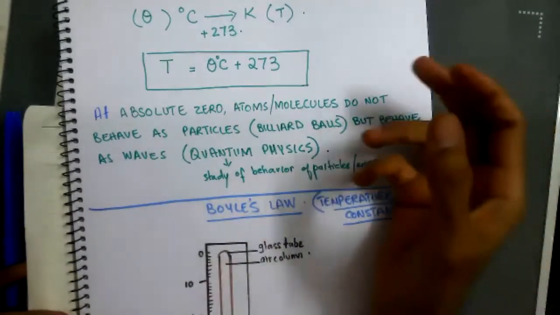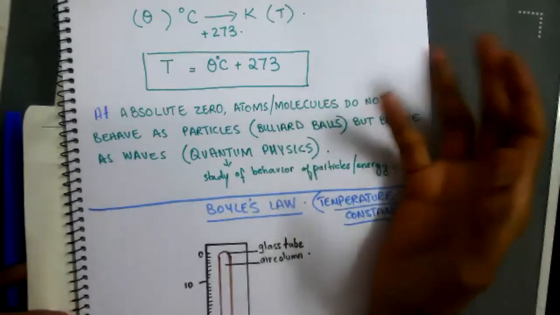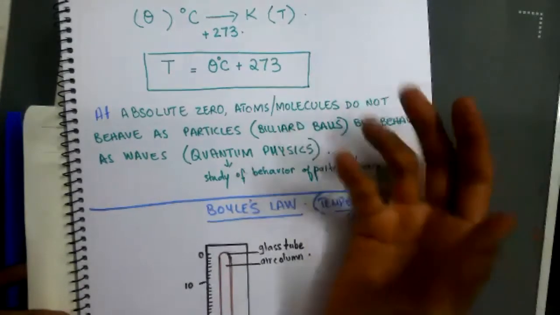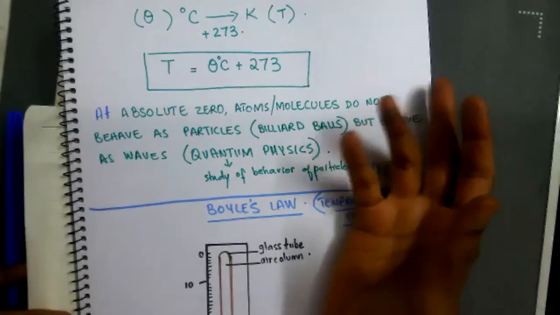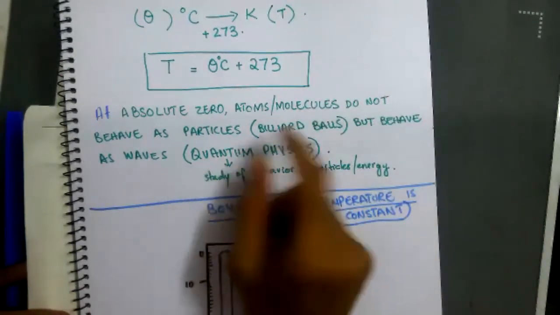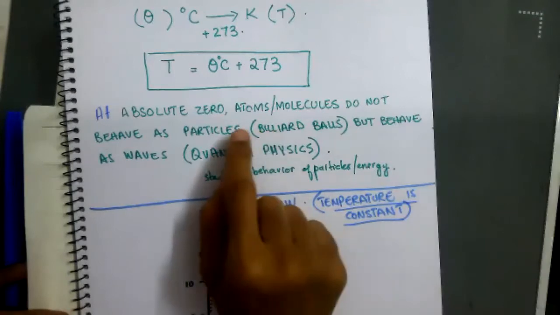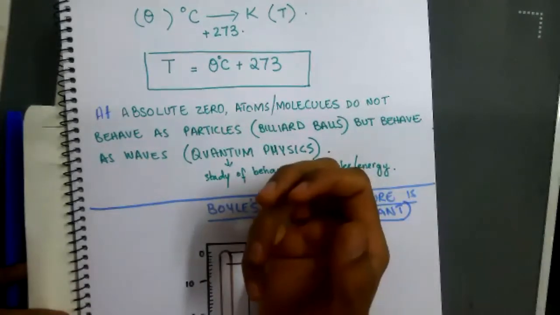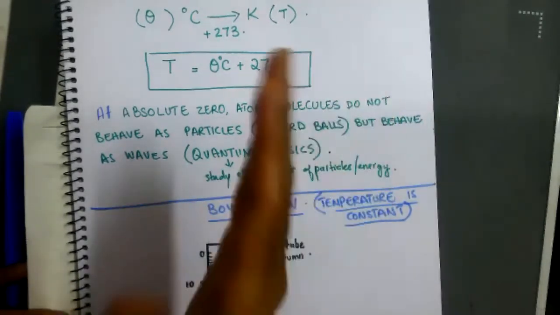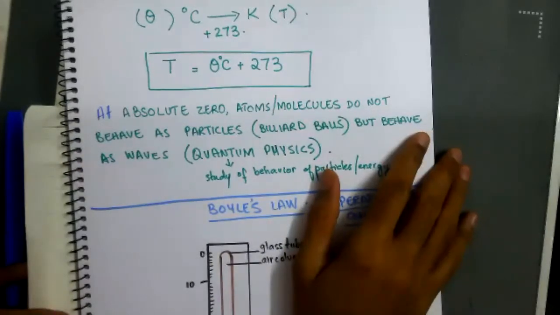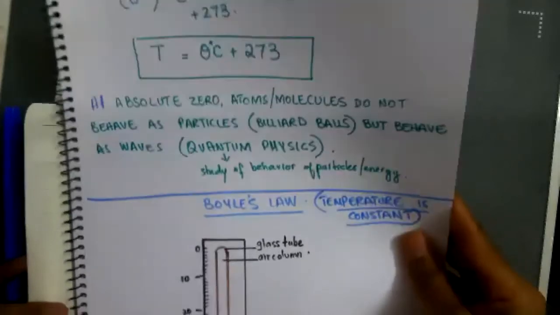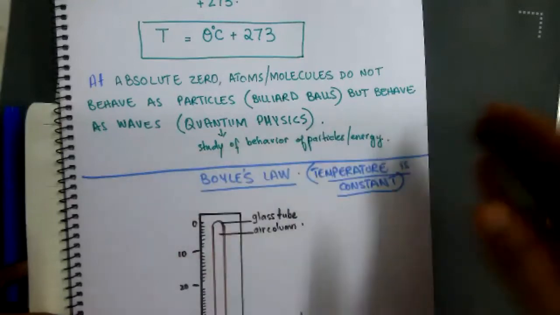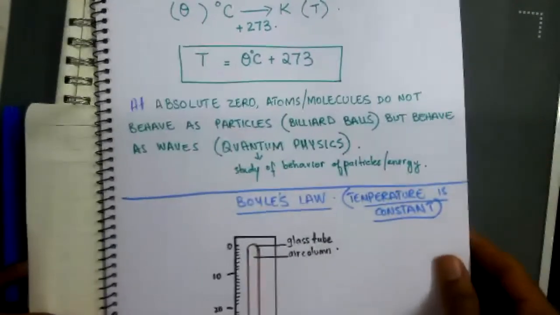In all these examples, I've always asked you to think of atoms or molecules as balls. I've even used balls myself to explain. But at absolute zero, they behave as waves. That's the limit to our knowledge. Scientists have studied their behavior as well. That is a part of quantum physics, and we're not going to go into that, but it is very interesting.